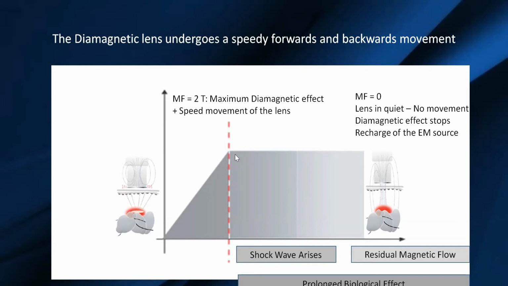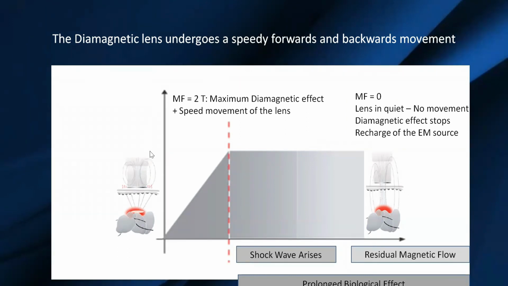Then, during the plateau and the decline of the magnetic fields, the lens becomes permeable, and so the magnetic fields flow through the lens. It's a residual magnetic field, not so high in intensity, but enough to exert a prolonged biological effect.